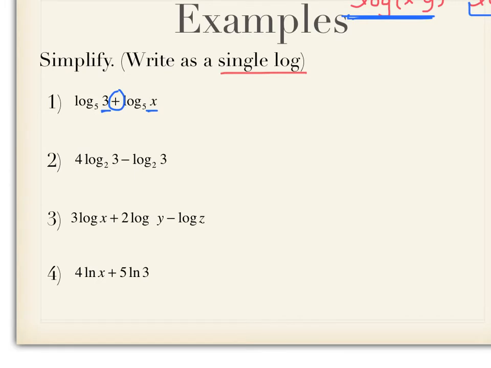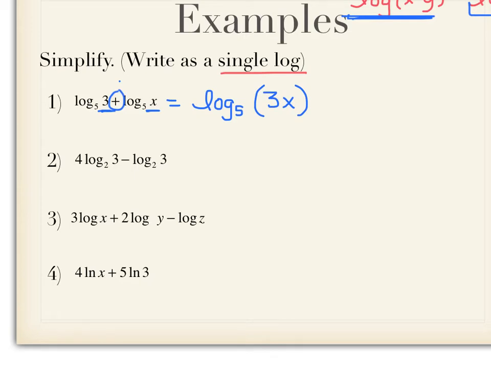By the way, the 5s down there, those are just your bases. That's just to show you that these two things have the same base. If they didn't have the same base, you couldn't combine them. So when I go to write this, I'm going to write it as a log base 5. I'm going to keep the base exactly the same. And I'm going to combine the 3 and the x with multiplication. That's how I would write it as a single log. So addition becomes multiplication.